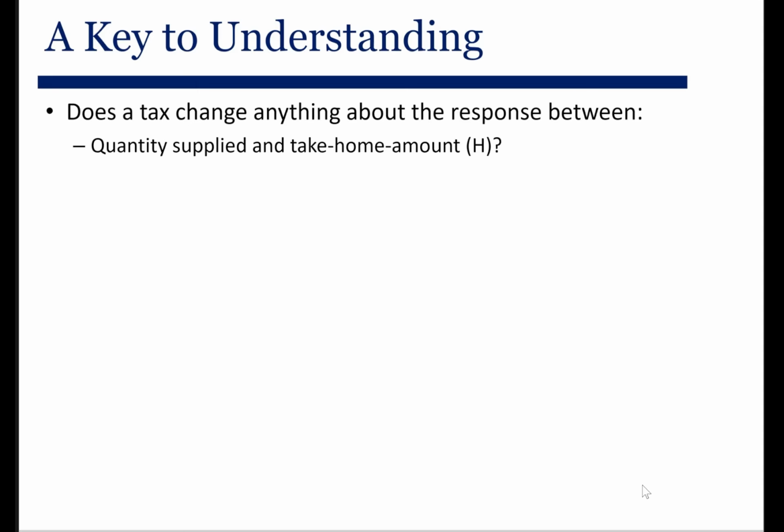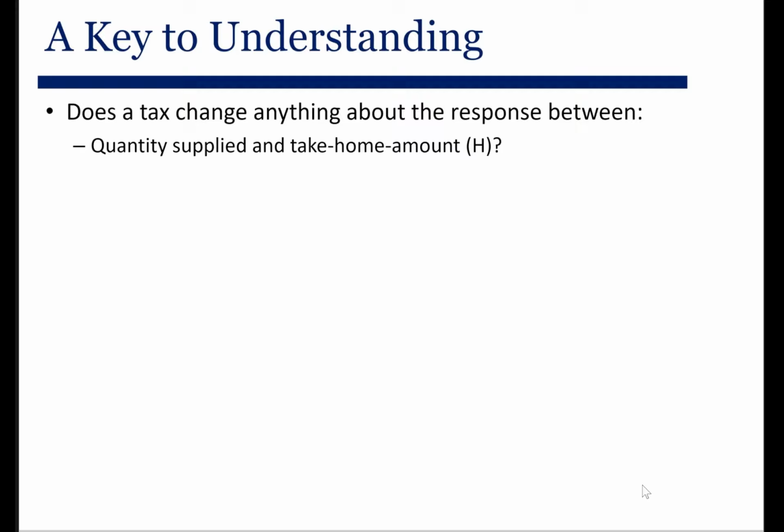In other words, for producers, is anything changing in terms of how much they're willing to make versus how much they're taking home? This is the supply curve generally. And the answer is no. Nothing's really changing for producers in that way.